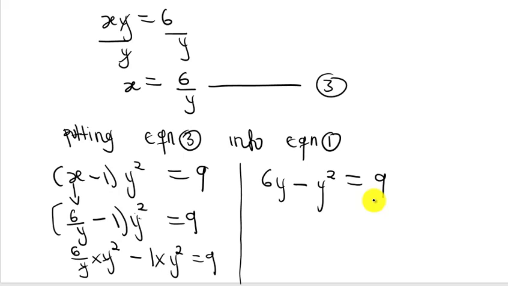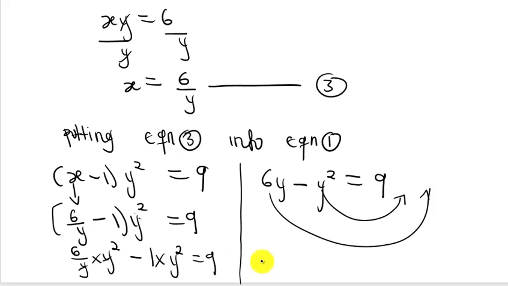Now what we are having here is a quadratic equation. So you rearrange that in that order. Therefore, we can decide to shift the minus y² to the other side because we want it to be positive. Therefore, this minus y², when it crosses the equal sign to this side, it becomes positive. And then the 6y also, when it comes to this side, becomes negative.